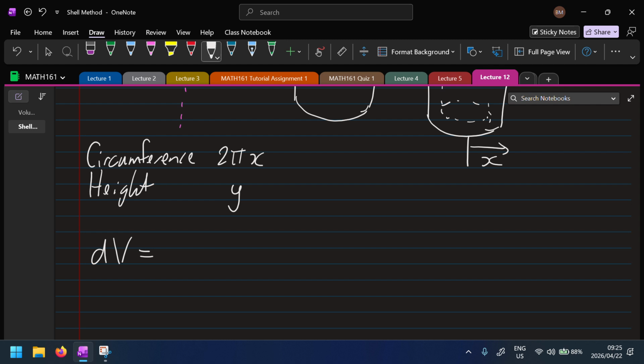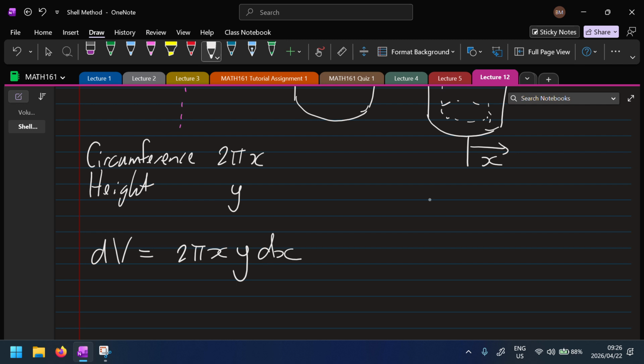You've seen cylindrical shells before, right? You've got an outer cylinder and an inner cylinder, and we want the volume of the shell part. So it's going to be the circumference, 2 pi x, times the height. That gives you the volume there. And then the thickness is dx.